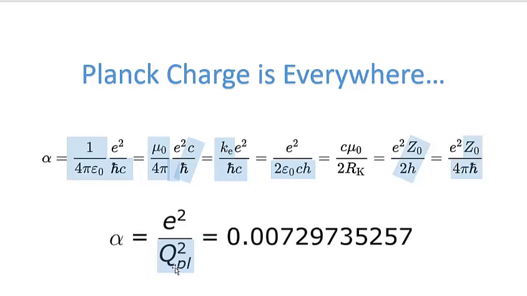So I want to know what that is. My quest now is not to understand alpha, because I think I understand alpha. Alpha is unitless, it is a scaling factor, it is a reduction factor, depending on how you look at it.